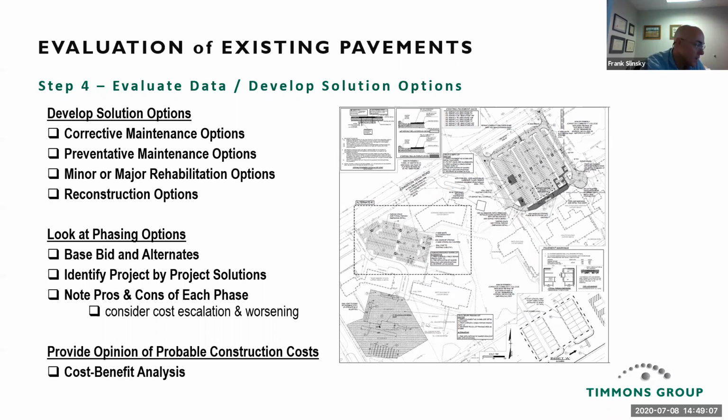Look at phasing options, base, bid, and alternates. Identify project-by-project solutions. Note pros and cons of each phase. Consider cost escalation and worsening. And provide an opinion of probable construction cost. This is a cost-benefit analysis.